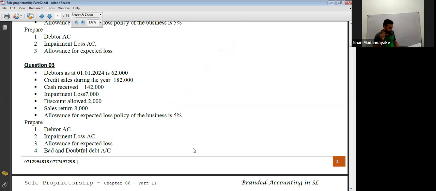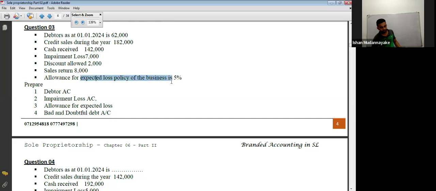Their policy is to provide a provision for doubtful debts at 5%. The allowance for expected loss policy of the business is 5%. Then in this question, you need to calculate the opening allowance for expected loss, the opening balance.